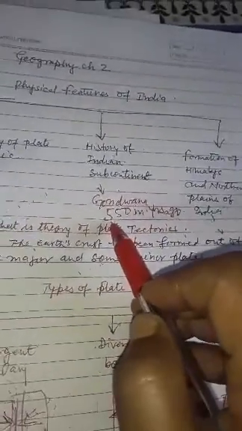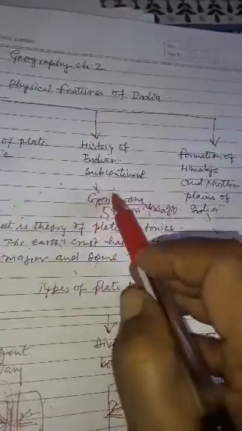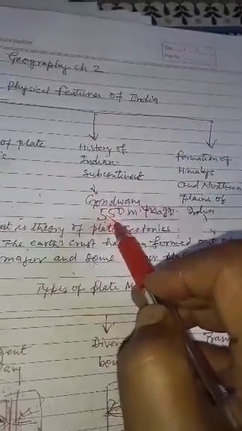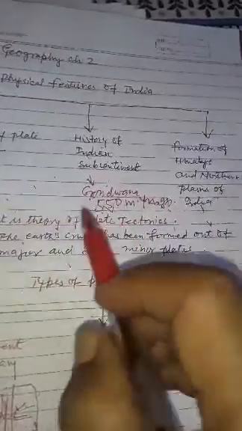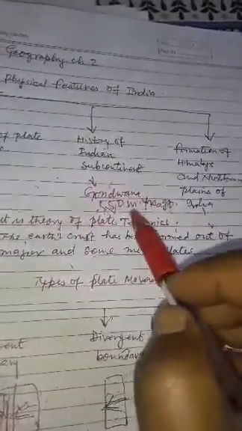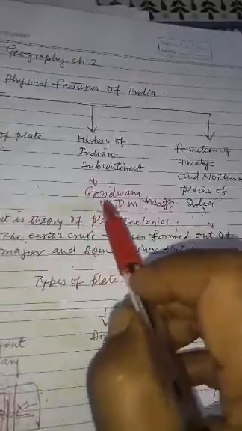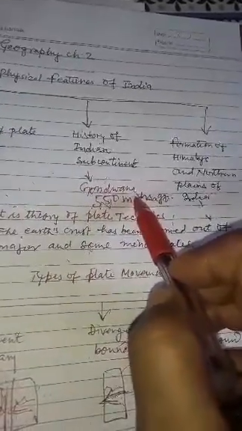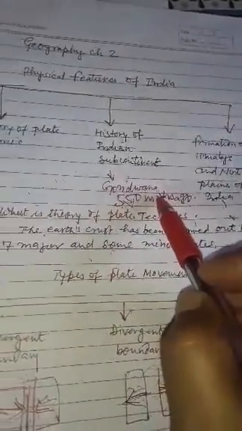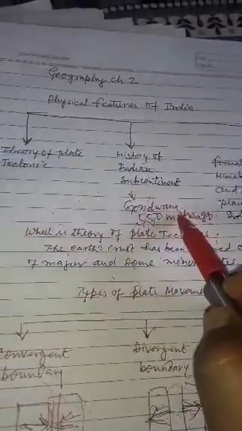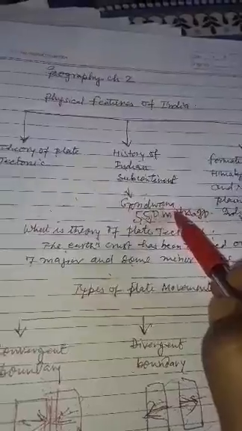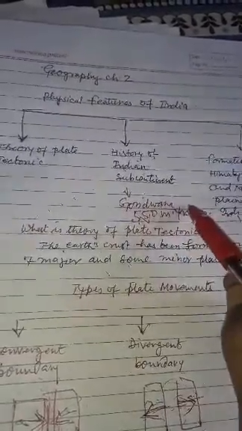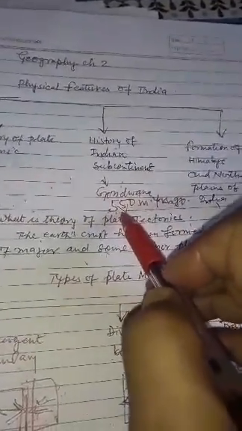Means this land was tossed, it was broken into a number of pieces with the passage of time. That's why 7 continents were formed separately due to breaking of Gondwanaland. Nowadays, we consider 7 continents of the world. It resulted from the breaking of Gondwanaland.